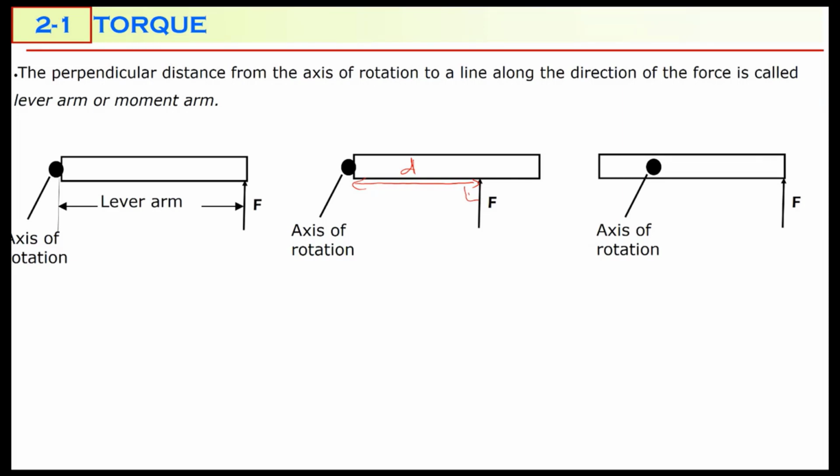Yeah, it can be 90. If it is 90, you produce the maximum torque because sine 90 is 1. When you are trying to rotate something, you should push it perpendicularly, applying the force at 90 degrees to the distance, to produce the maximum torque.